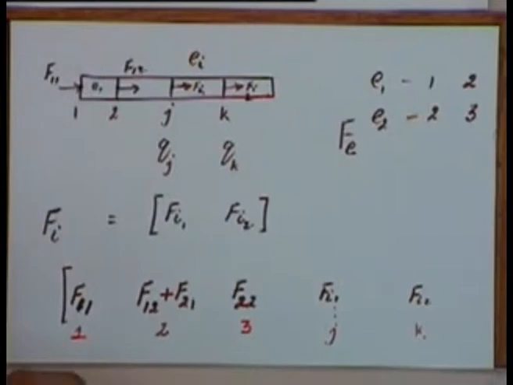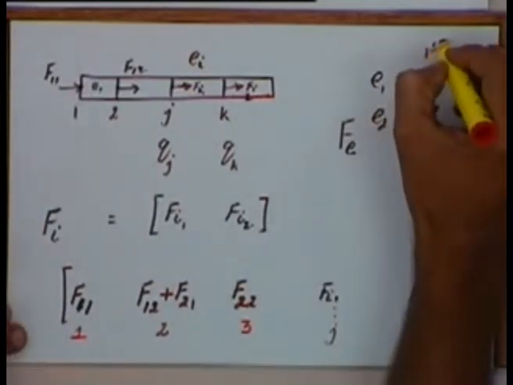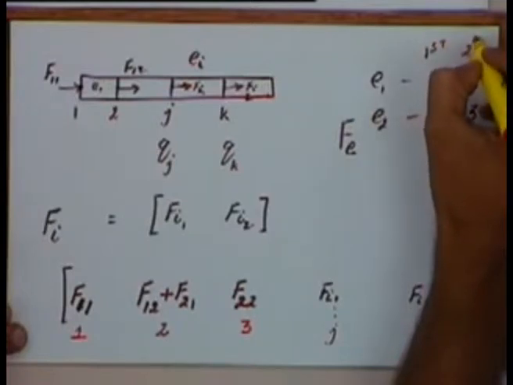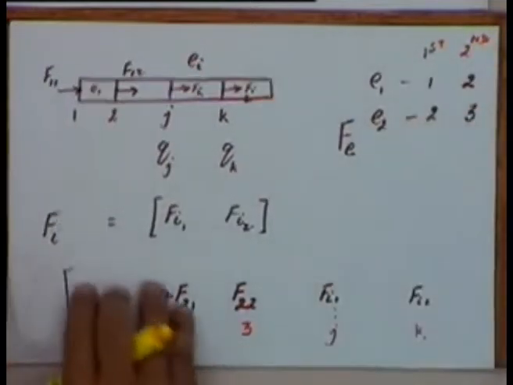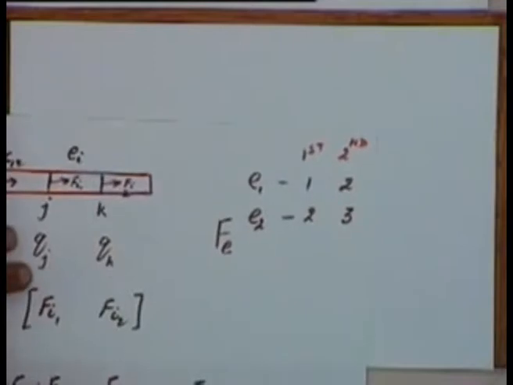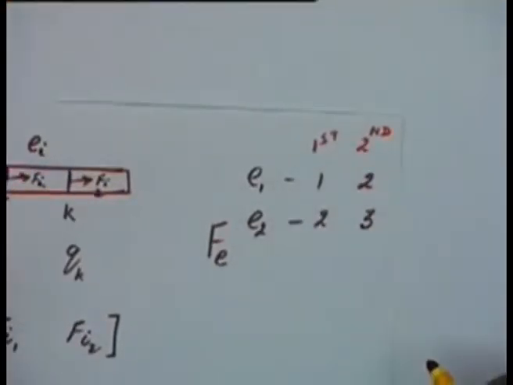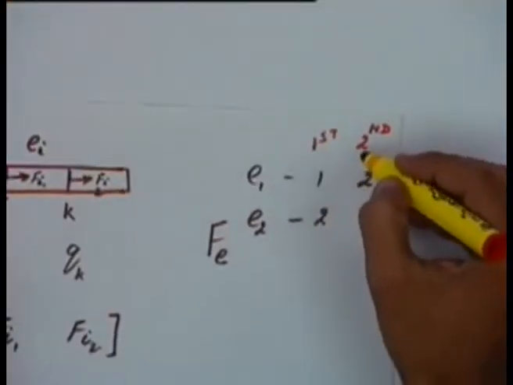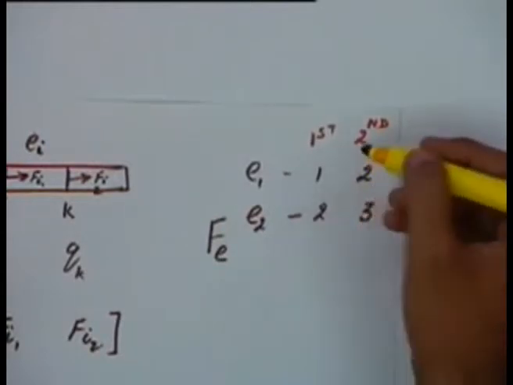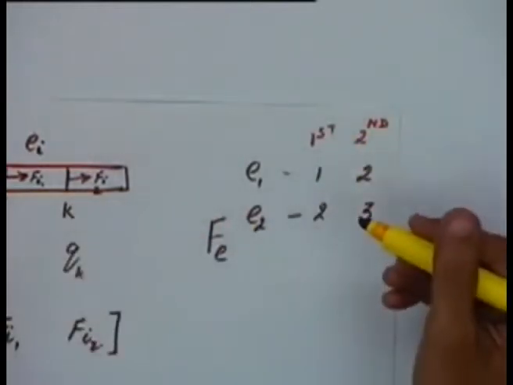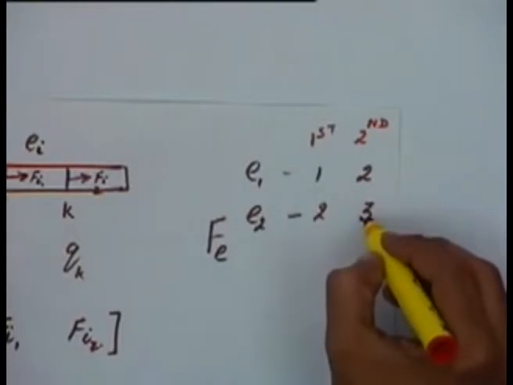Okay. See, when I say this is my first node and this is my second node, this is what we refer to as the elemental numbering. Element has a local numbering which is nodes 1 and 2. These are the global node numbers.